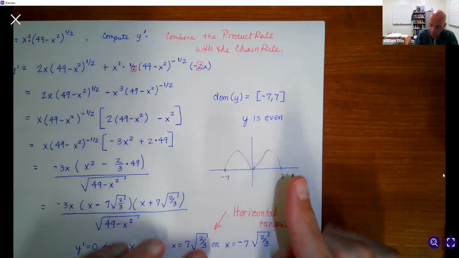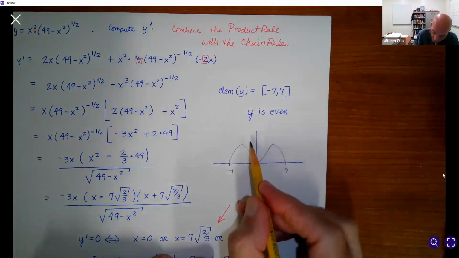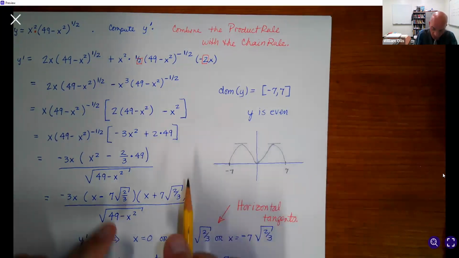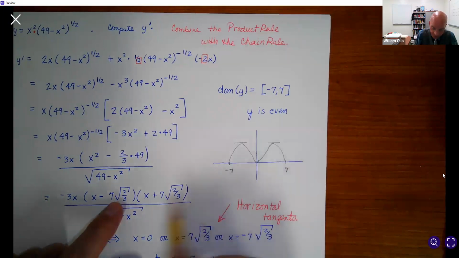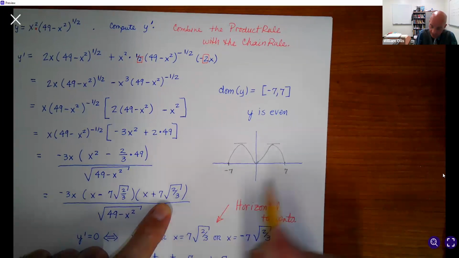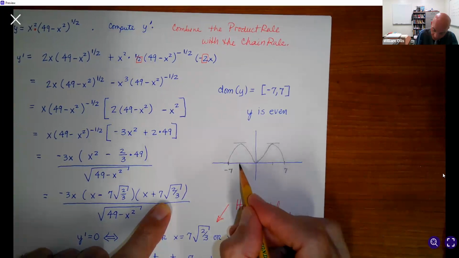So that would be kind of a reasonable thinking of the function. We're not at the point yet where we're talking about increasing and decreasing, but at least we know we would have a horizontal tangent here and here because these are just numbers. Again, this number is greater than -7, and this number is less than 7. So we're just guesstimating where we would have these points.